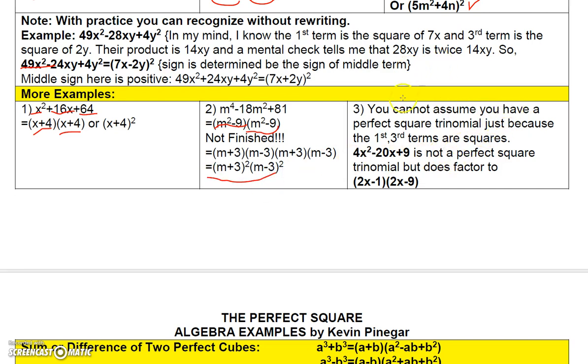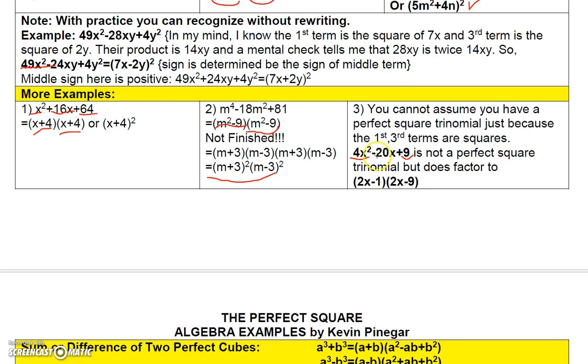The last example here I want to show you is just because the first term is a perfect square and the last term is a perfect square, it doesn't mean you have a perfect square trinomial. Because if you think about this, this one doesn't fit the rule. See, the square root of 4x squared is 2x. The square root of 9 is 3. 2x times 3 would be 6x, and if you double that, you don't get 20, you get 12.